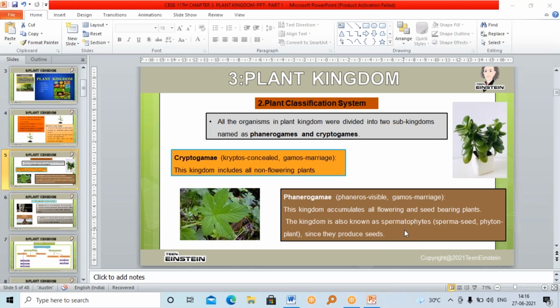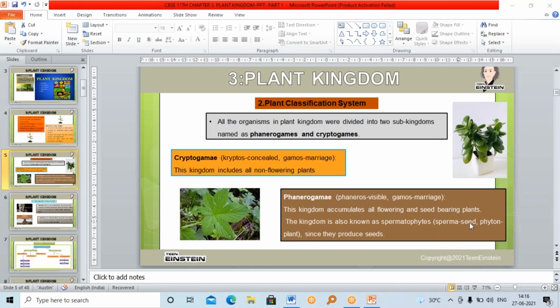Next, the second subkingdom is phanerogamy. What is the meaning of that word? Phanero means visible. Gamous means, as I said, marriage. This is visible marriage. Means in this kingdom, they have particular reproductive structures we can see. It is not hidden, it is visible.